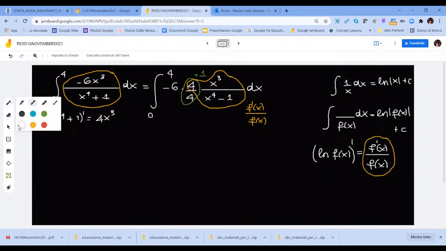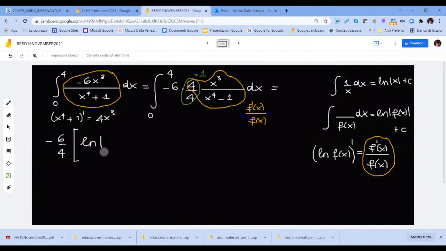What does it mean? That we have to take minus 6 divided by 4, that is minus 3/2, times, what is the primitive function of this one? It is the logarithm of the absolute value of f.